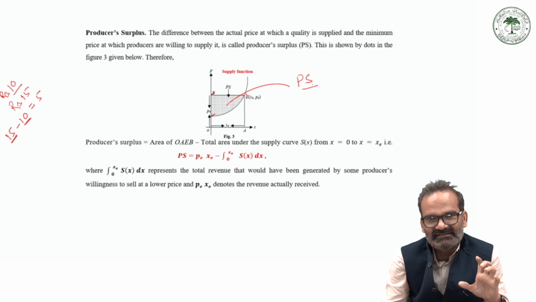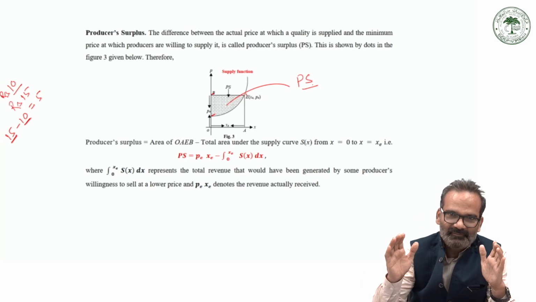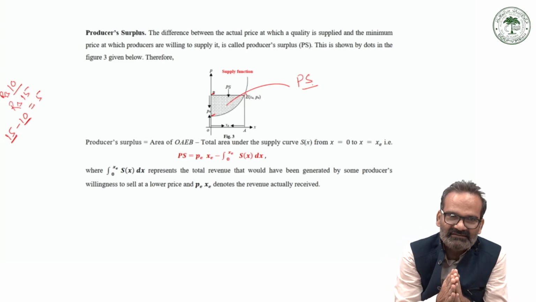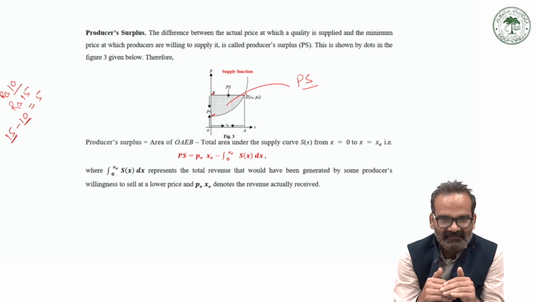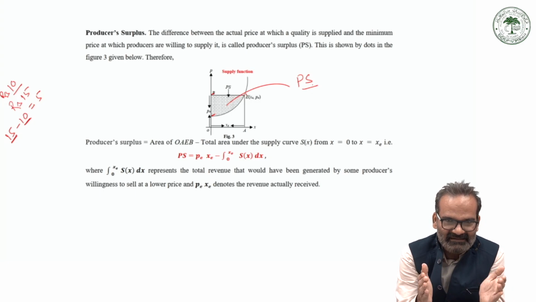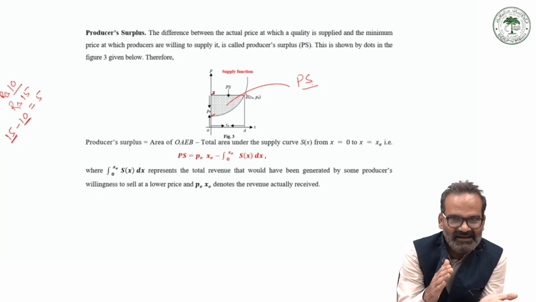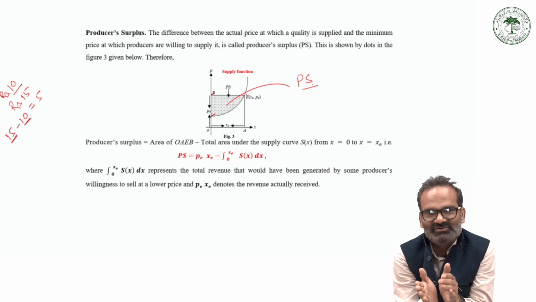Are you getting the difference? Producer surplus is the difference between what the producer is charging from the market and what he is willing to charge.